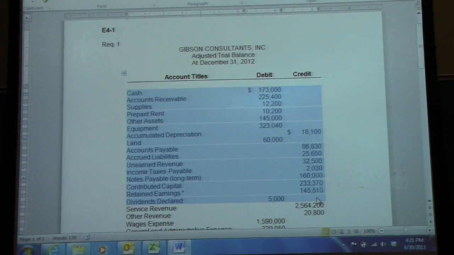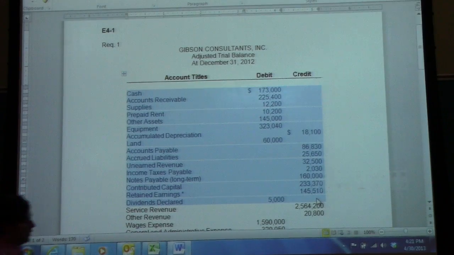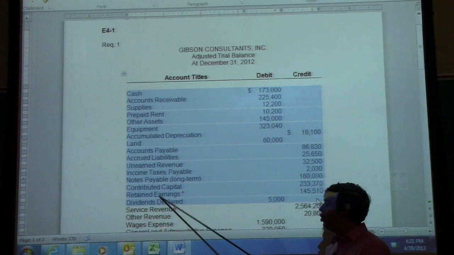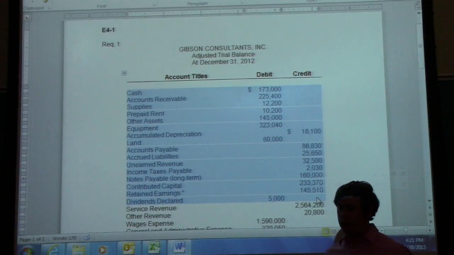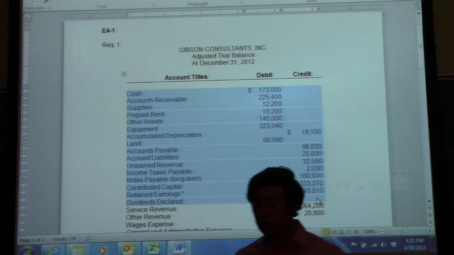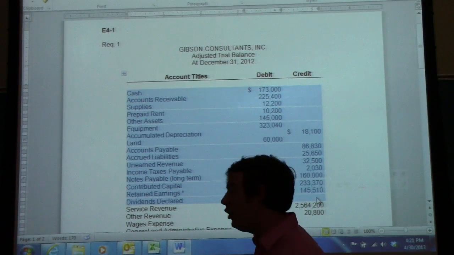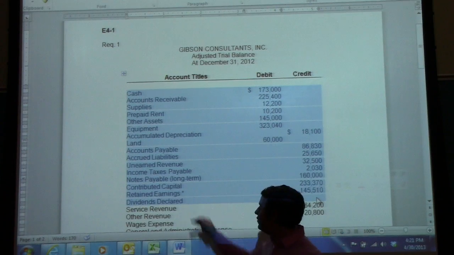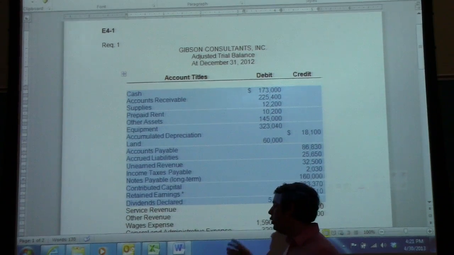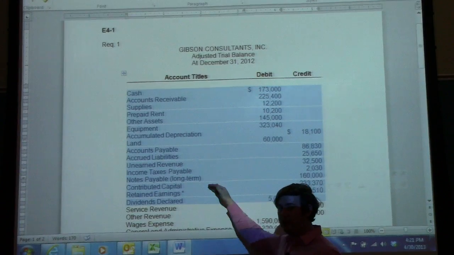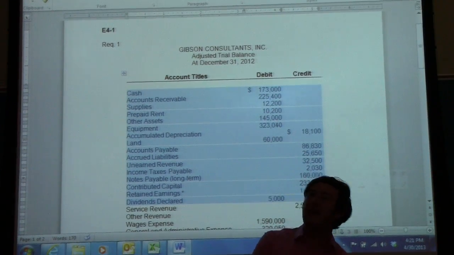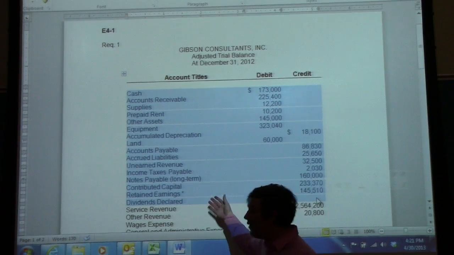One of the things I want to note about dividends declared: dividends declared is a temporary account. This temporary account will close into retained earnings. Remember we talked in chapter 4 about closing journal entries. Closing journal entries take all of the temporary account activities and close them into retained earnings. So you increase or decrease the balance of retained earnings depending on the activity, whether you're looking at an expense or a revenue or dividends, okay?